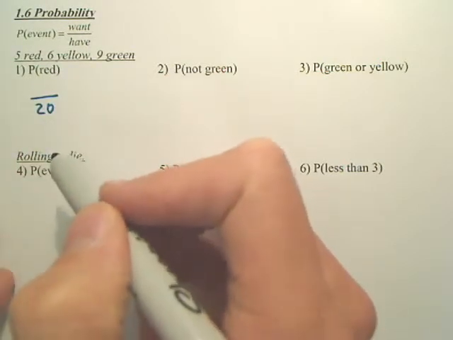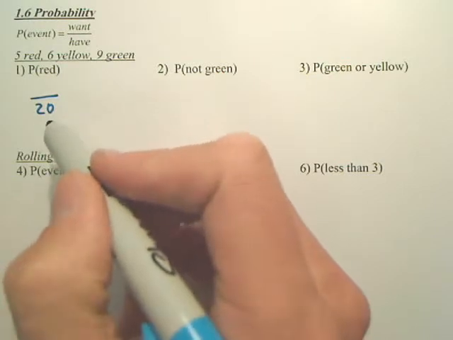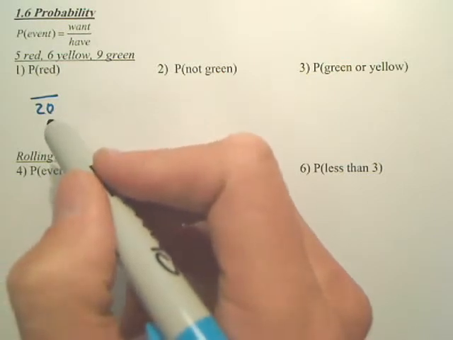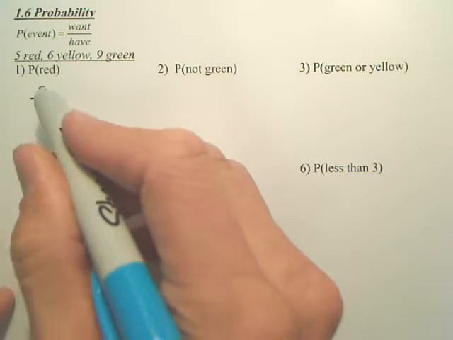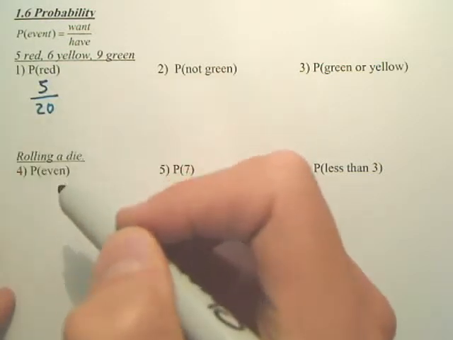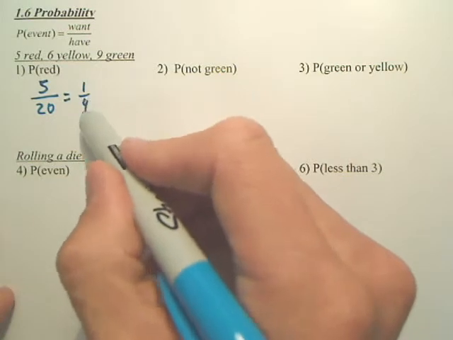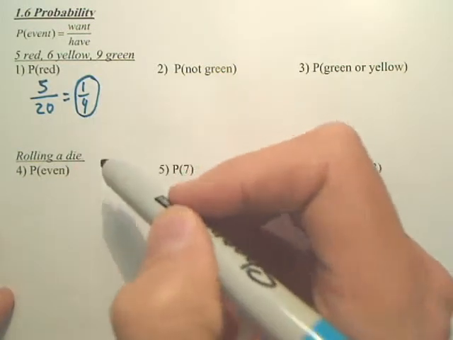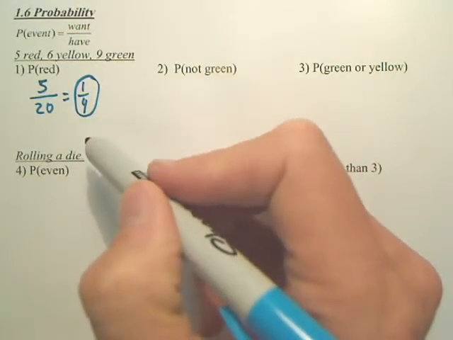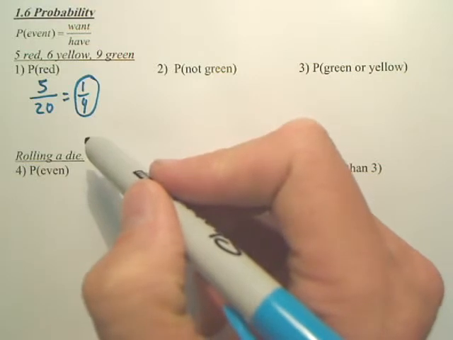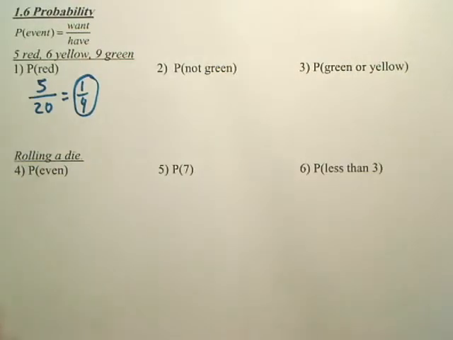How many do I want? I want one, but what type do I want? Red. And how many reds are there? 5. That reduces to 1/4. So every 4 grabs, if you replace it each time, you should get a red. Every 4 times you take something out, you should get at least 1 red.